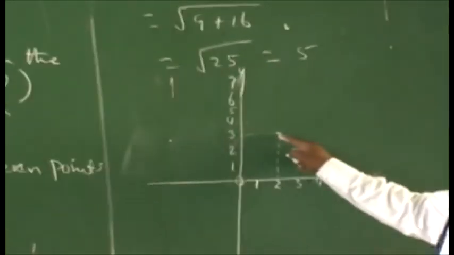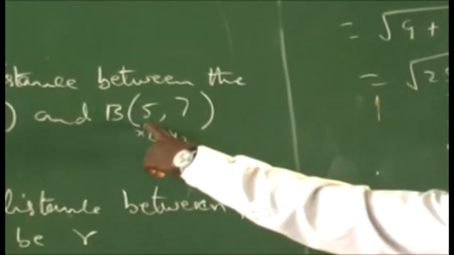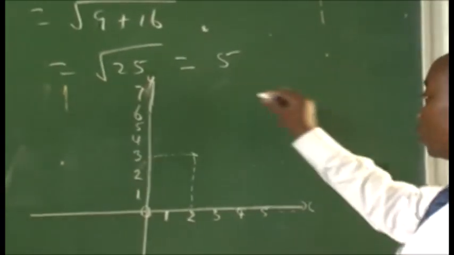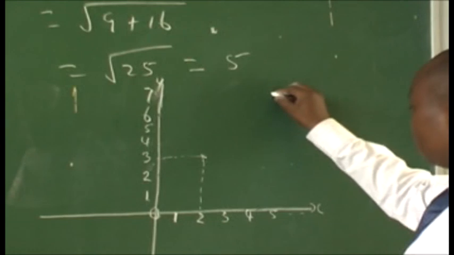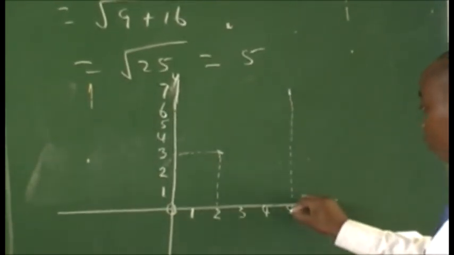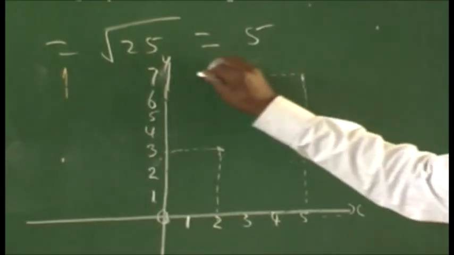Then we have the next one: 5 for x and 7 for y. So that means that point is somewhere here, which we can trace down to get 5, and then trace across to get this.